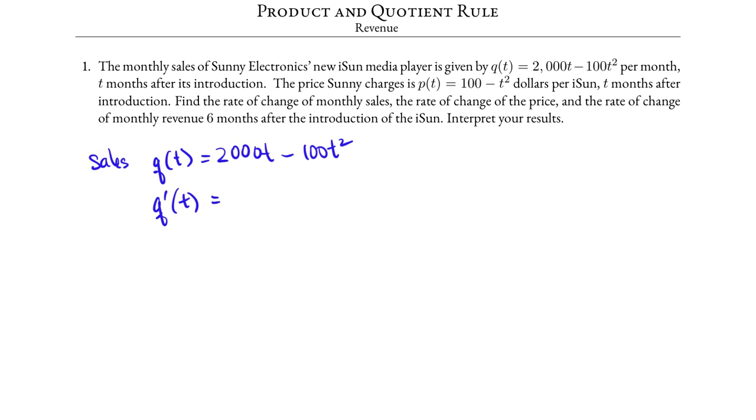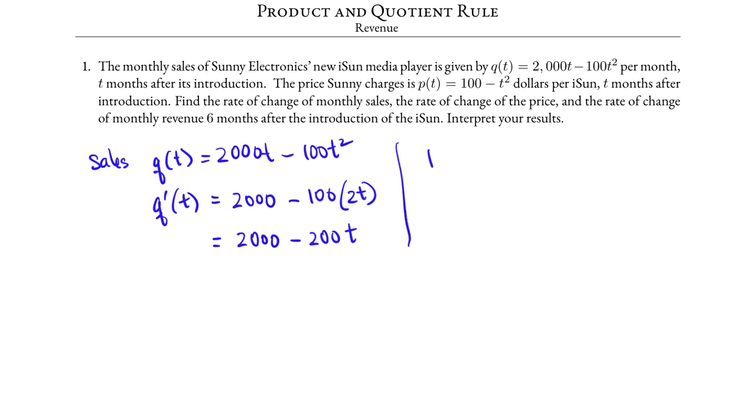The derivative of 2000 T is 2000, and the derivative of 100 T squared is 100 times 2T. Simplifying this, we have 2000 minus 200T, and this is the rate of change of sales.